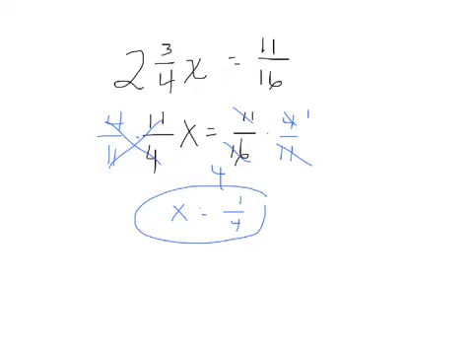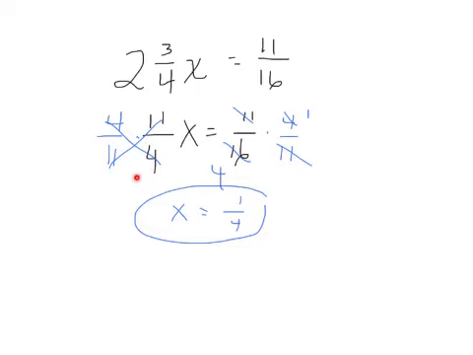Let me clarify what I did. As I mentioned in class, one of the quickest ways of solving these multiplication problems, where I have this mixed number times this variable, is to look at this and say, okay, what happens if I have 11/4?